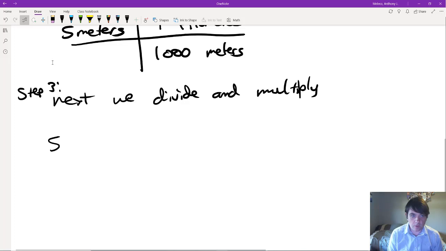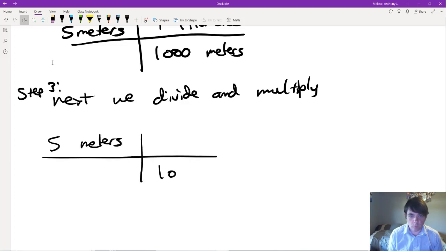So we do 5 meters, 1,000 meters on the bottom, 1 kilometer on top. The meter cancels. Meters over meters is just 1. It's unitless.